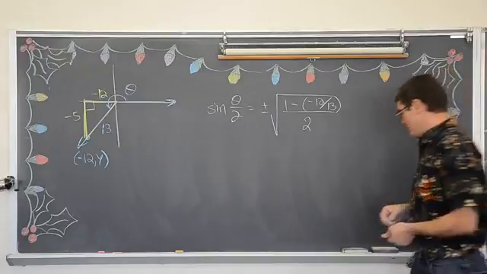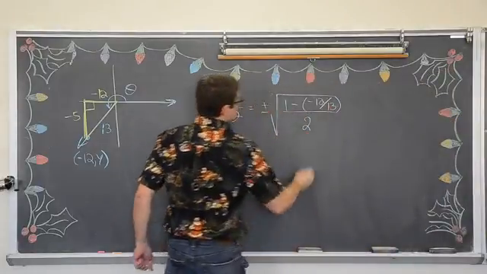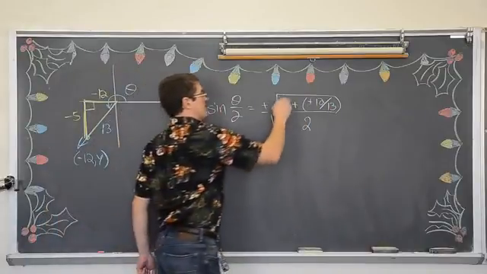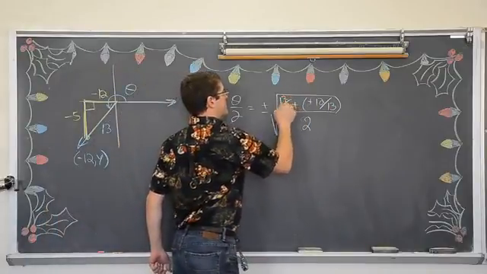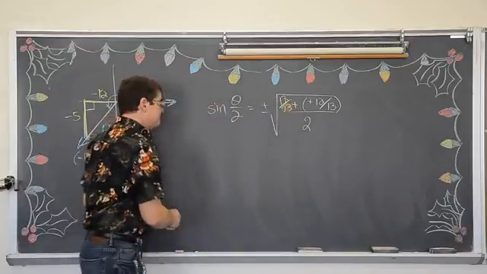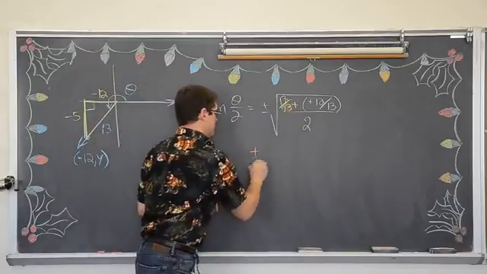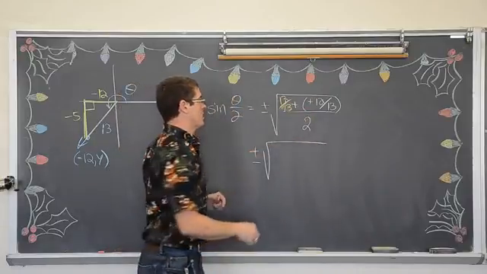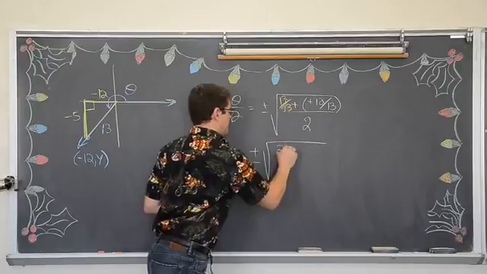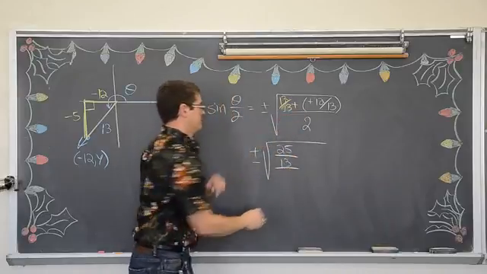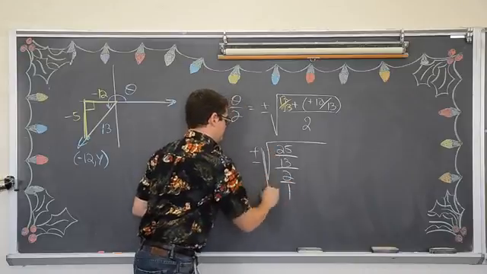So we need to, once again, have common denominators. These two negatives are also going to cancel out. So this becomes 13 over 13. And we get plus or minus the square root of 13 plus 12, which is 25, over 13, divided by 2 over 1.